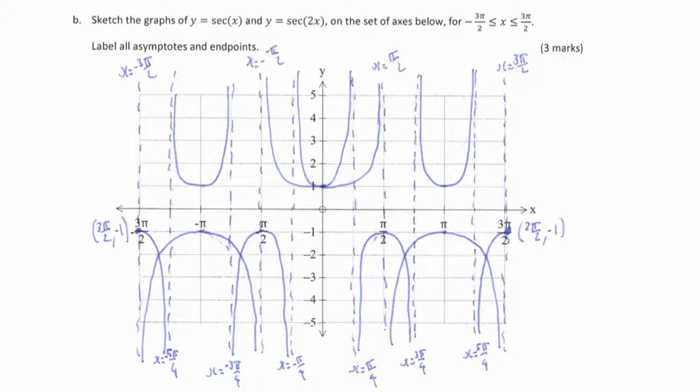Of course, I would need to see the endpoints because that's explicitly in the question. So (−3π/2, −1) and (3π/2, −1) would be the two endpoints that you'd need to label. And obviously they correspond to the sec 2x graph.